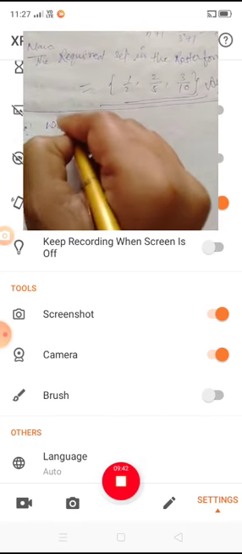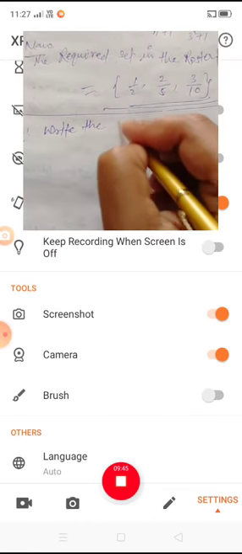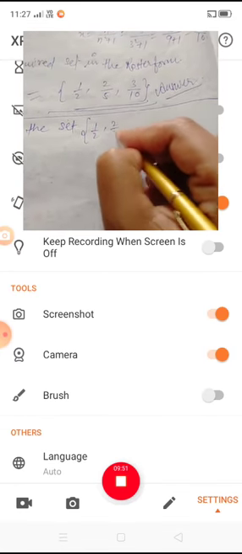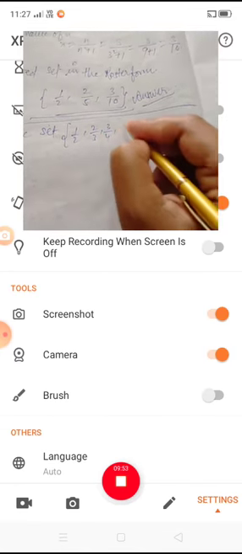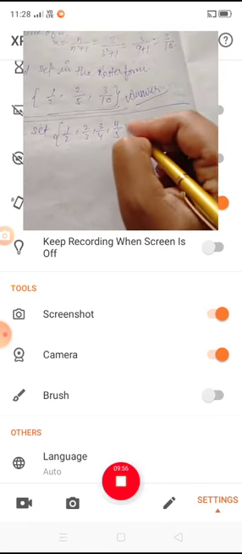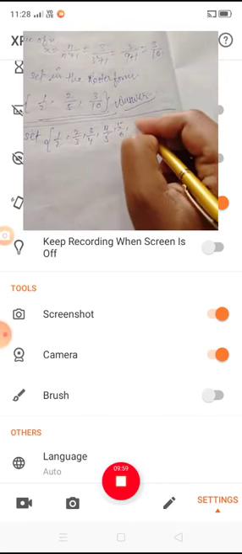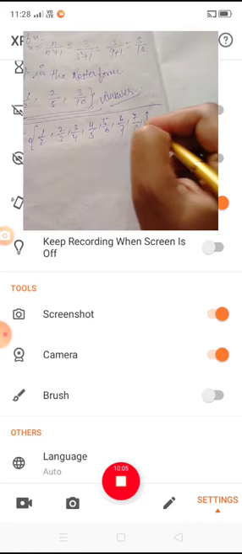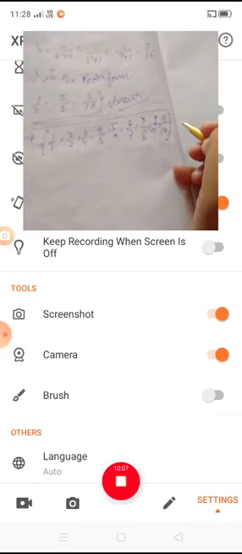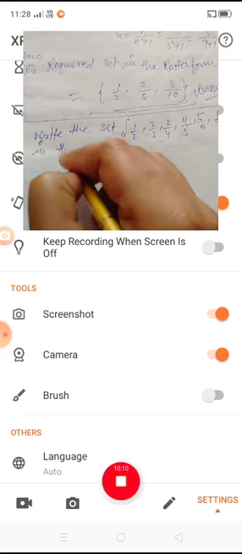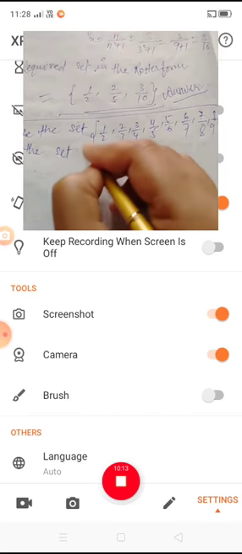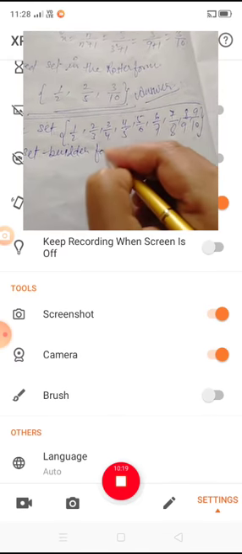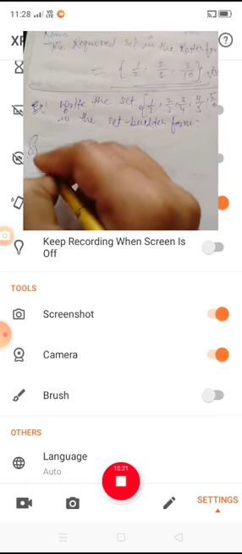Write the set {1 by 2, 2 by 3, 3 by 4, 4 by 5, 5 by 6, 6 by 7, 7 by 8, 8 by 9 and 9 by 10} in set builder form. Now solve it.